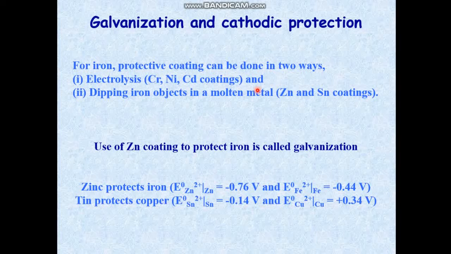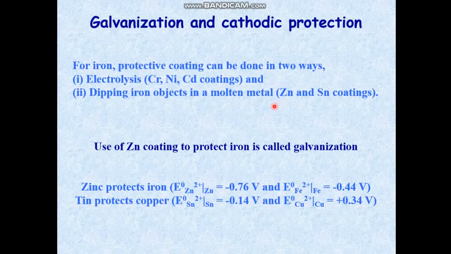So you can coat the metal which is getting rusted with the help of metals which are called the protectors. There are 2 types of processes: one is electrolysis and another is dipping in the molten metal.